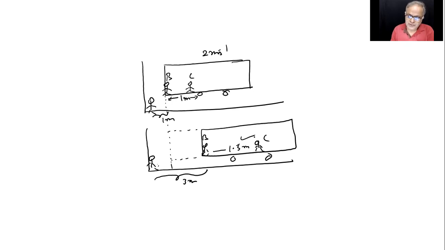I'm telling you, this person's velocity is 0.5 meters per second. Now tell me, this is 2. Come on. He moved 2.5 meters, 0.5 meters per second. Isn't it? Hello, children.